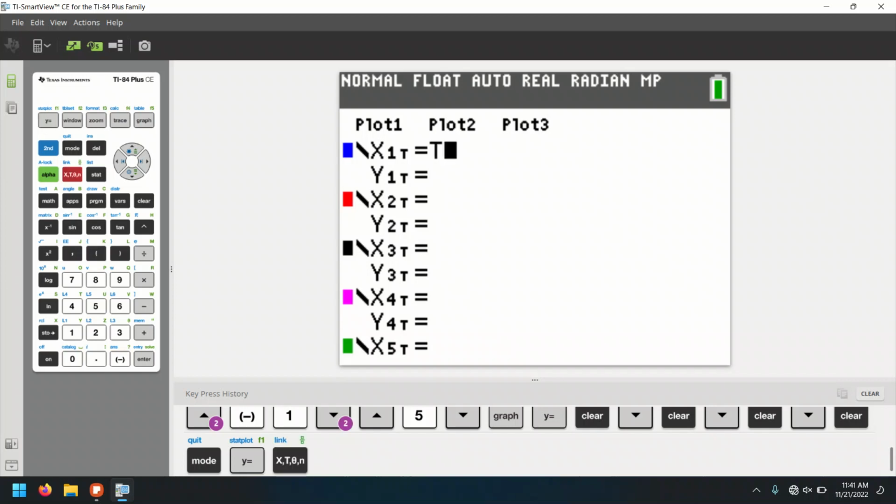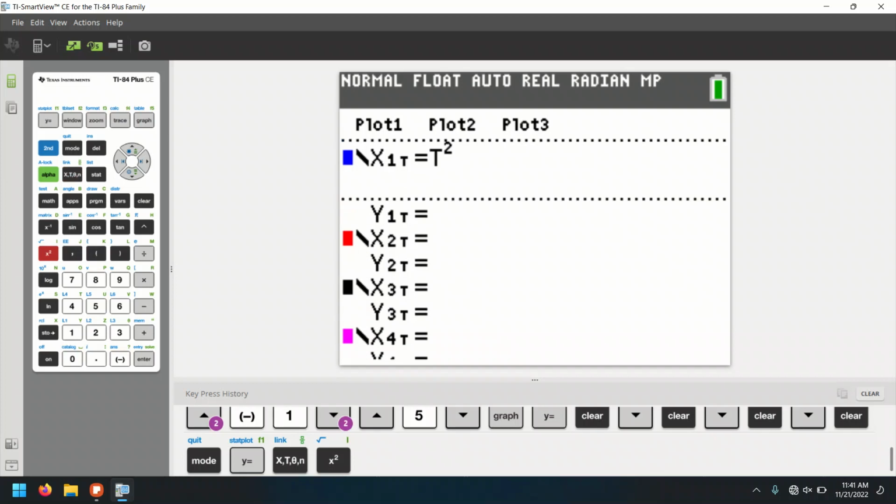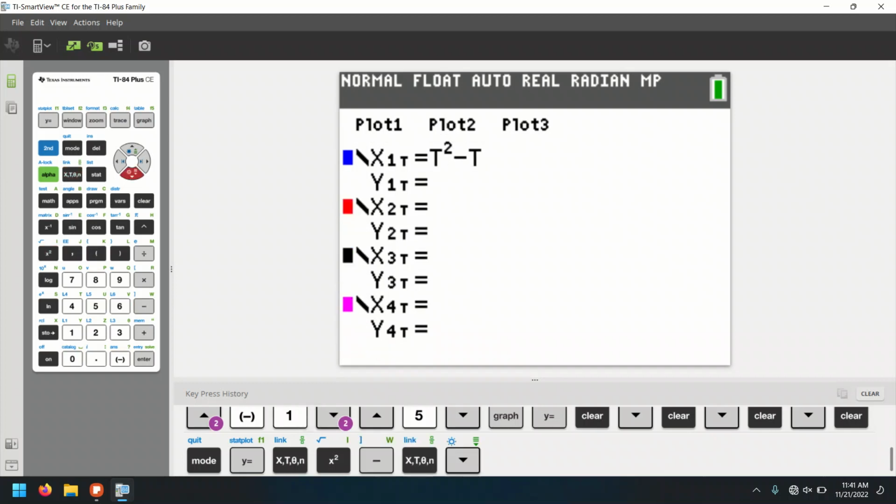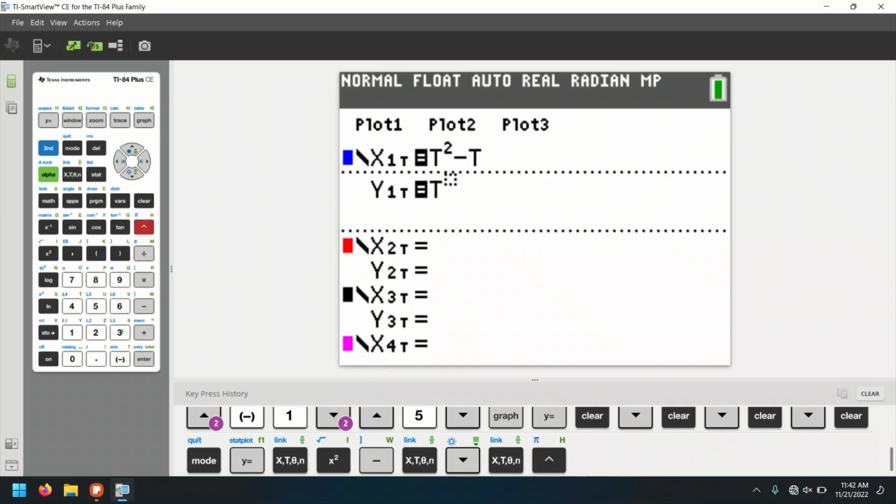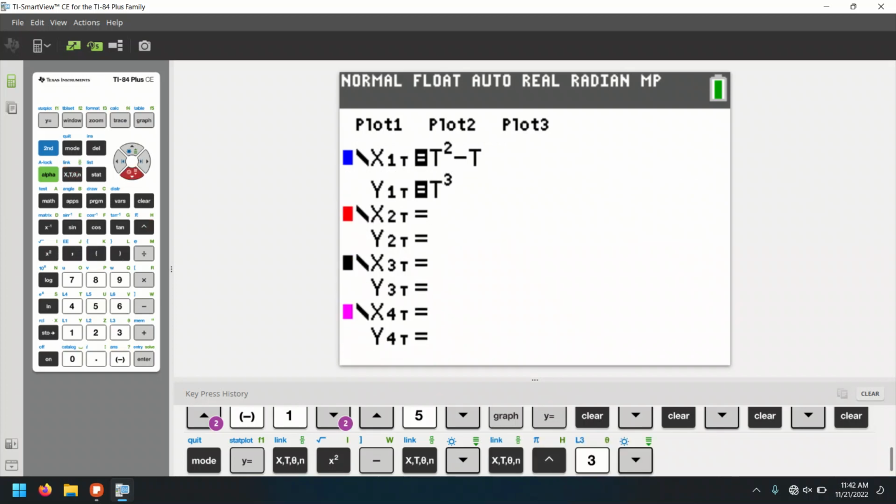That's x equals t squared minus t, and y is t cubed. And let's type the second set of parametric equations, which is the equation of the tangent line. We said that is x equals t and y equals 4t. All right, and let's graph them together.